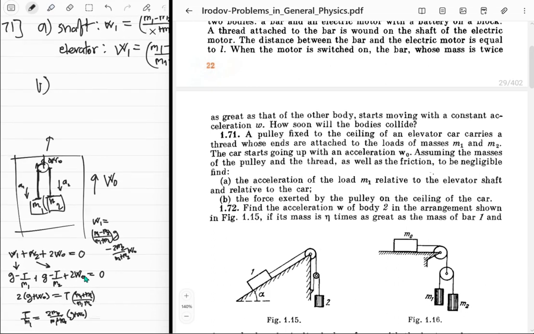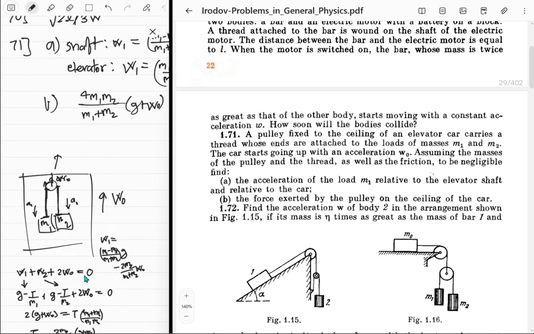It's supposed to be 4 M1 M2 upon M1 plus M2, upon M1 plus M2, and that times G plus W0. Okay, cool.